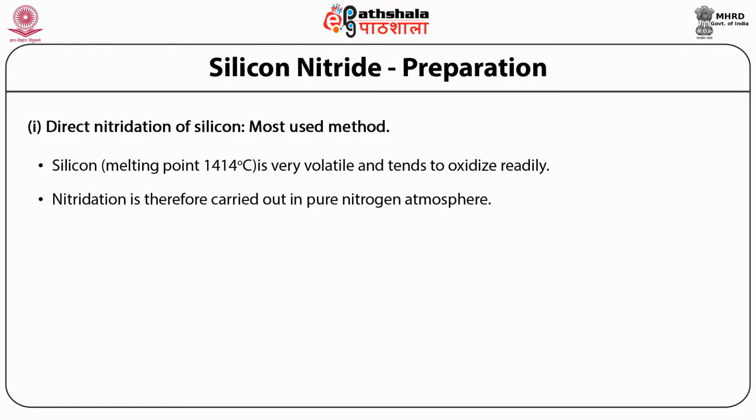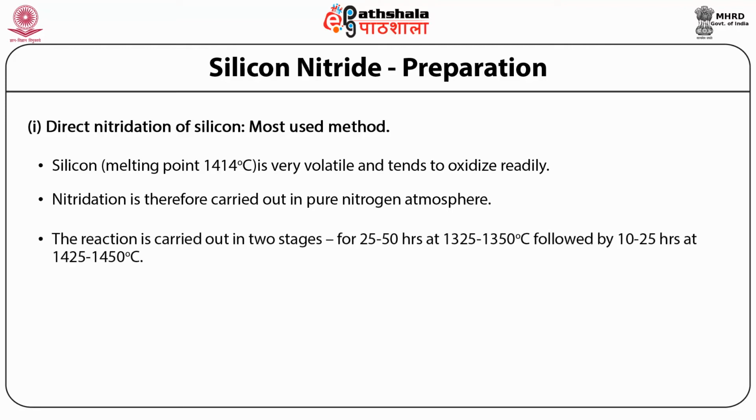So to reduce the silicon volatilization, the reaction is carried out in two stages. That is, for 25 to 50 hours at 1325 to 1350 degrees Celsius, followed by 10 to 25 hours at 1425 to 1450 degrees Celsius.